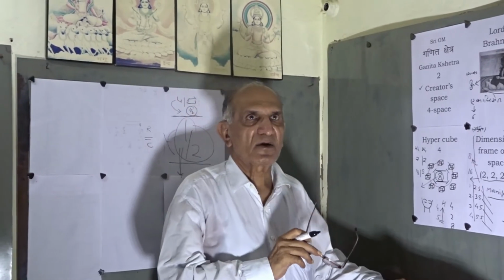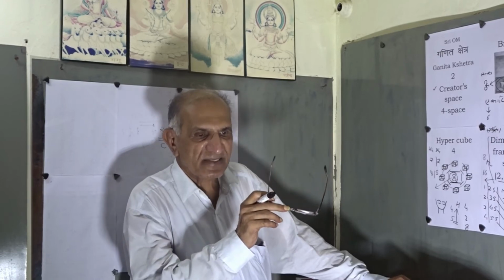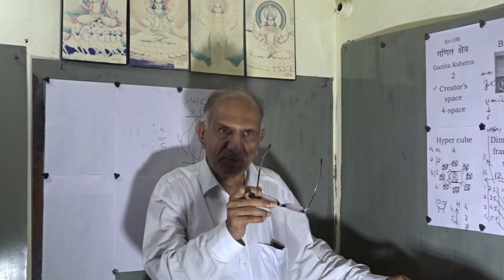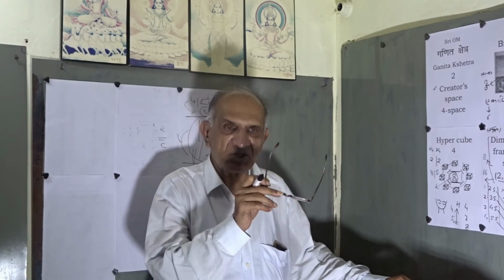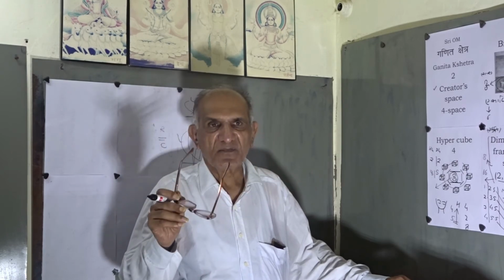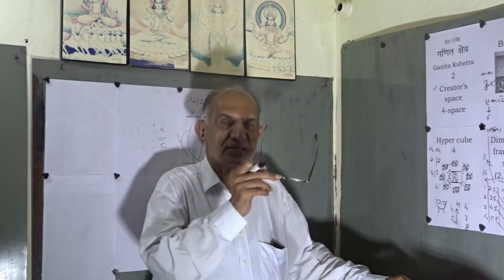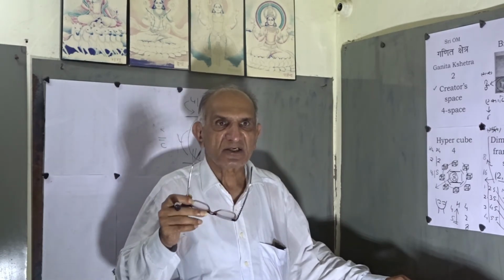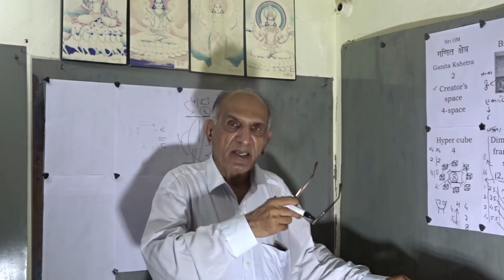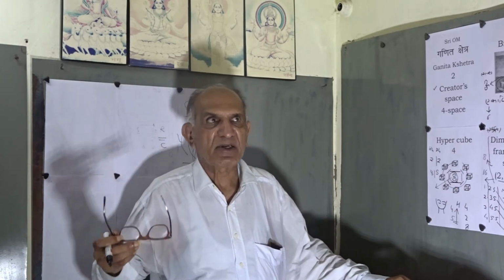Let us sit comfortably. Let us permit the transcending mind to comprehend a transition from the linear axis, three-dimensional frame of triple linear axis, to a spatial order space, a creator's space, a four space, within four spatial dimensions.